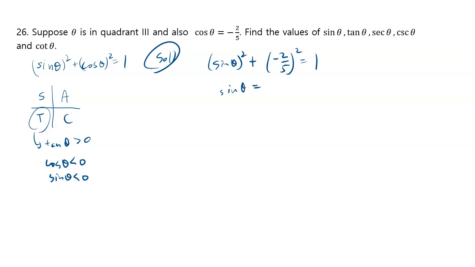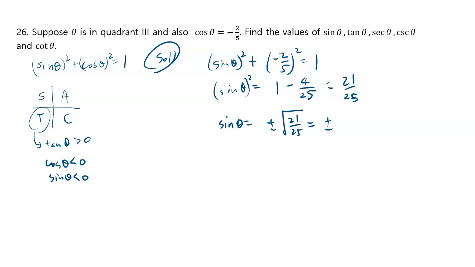Sine theta squared is therefore 1 minus, well, negative 2 squared is positive 4, 5 squared is 25, so this really gives you 4 over 25, but since you've moved it to the other side, it'd be 4 over 25 subtracted. And that's going to be 25 minus 4, that's 21 over 25. And therefore, sine of theta would be plus or minus square root of 21 over 25.